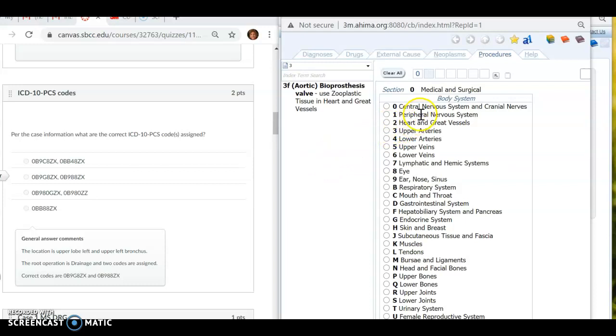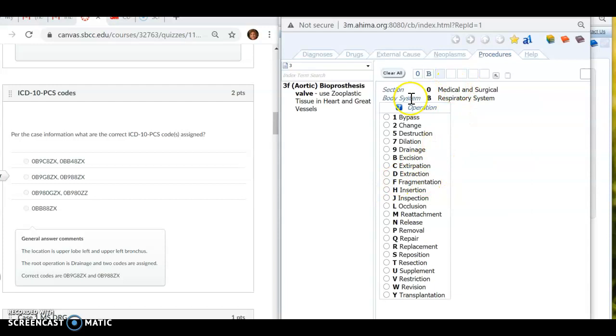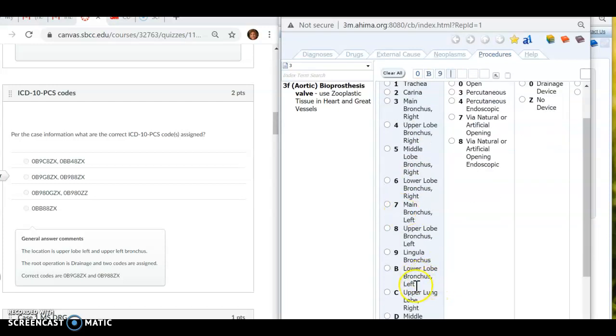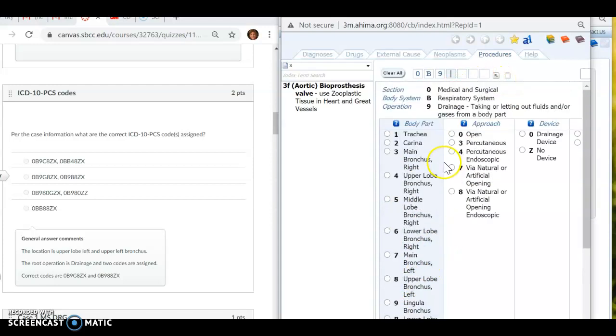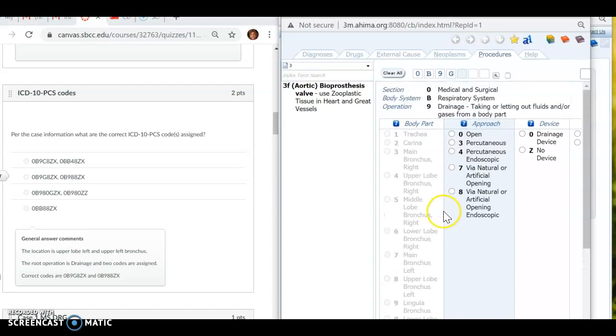We're in the respiratory system, and we are doing the lower lobe of the bronchus left. So we are going to go to G. Sorry about that, it's the upper lung lobe. Disregard that. And then I have 8, which is via natural or artificial opening, endoscopic.